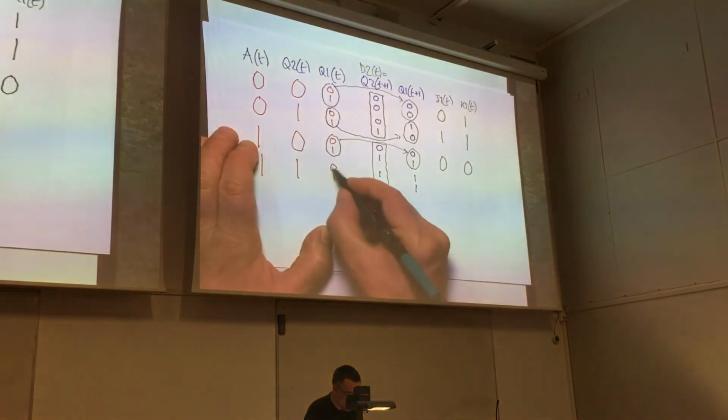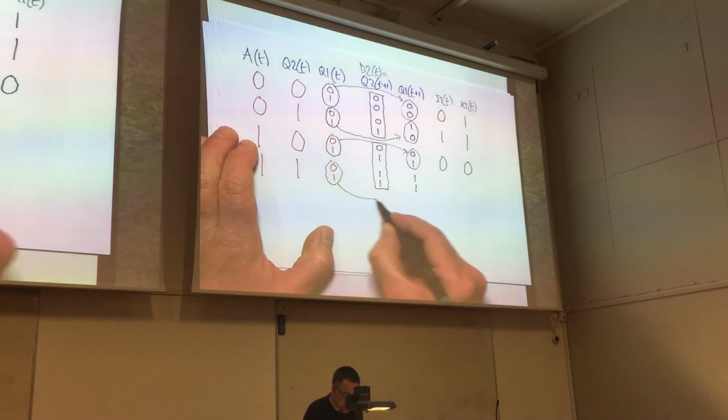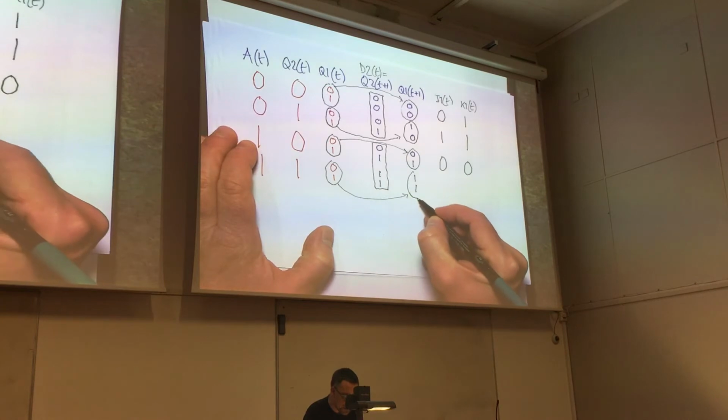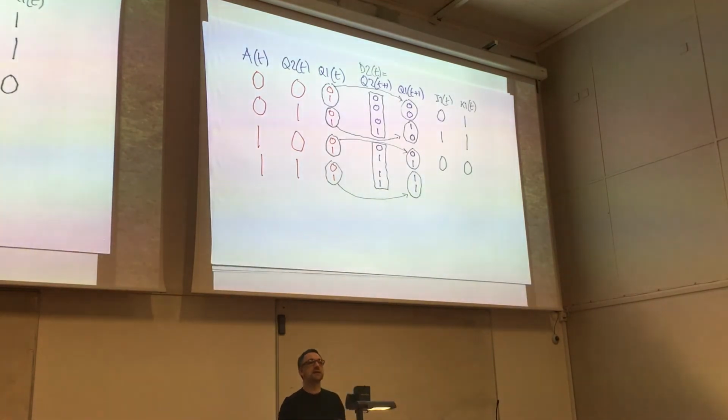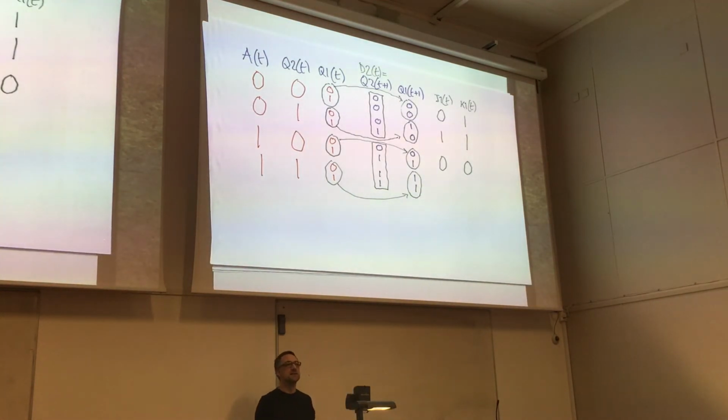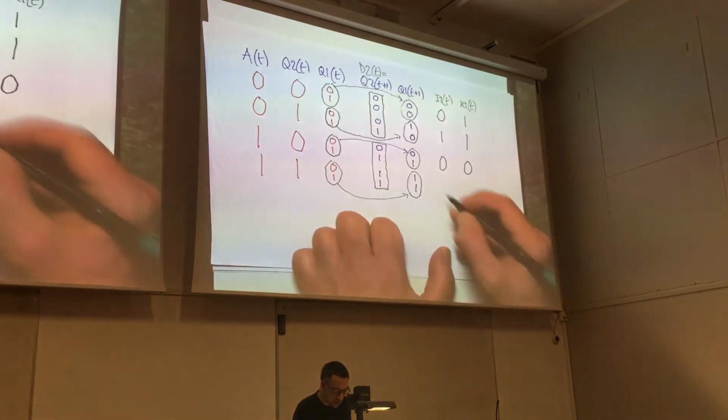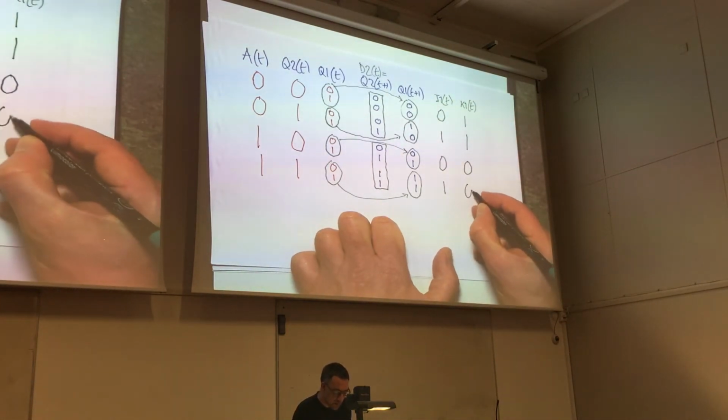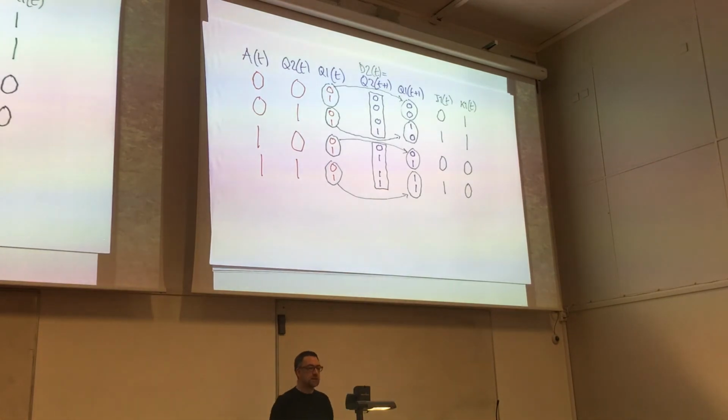And finally, what's the flip-flop doing this time? It's setting. Okay, so how do we tell it to set? 1, 0. Okay, so now we have the truth tables for the circuits that we need to build.